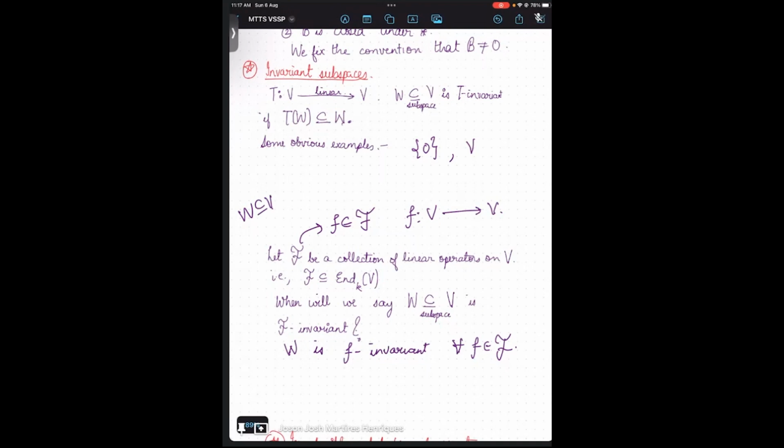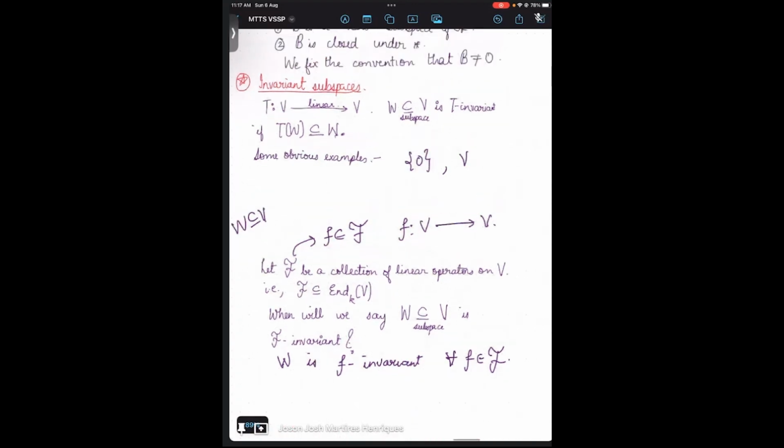Because we know every operator would preserve the zero subspace and the full space. So there are always these trivial candidates even for a collection. That is, 0 and the full space V are going to be script F invariant for any subcollection script F of linear operators.